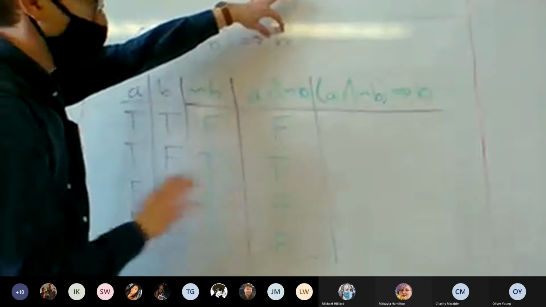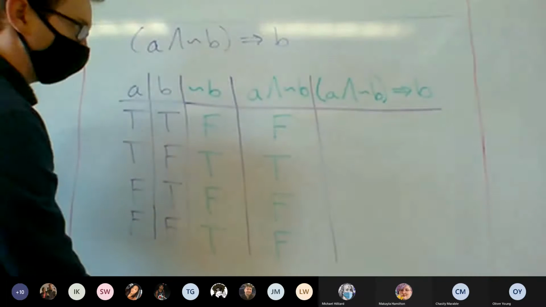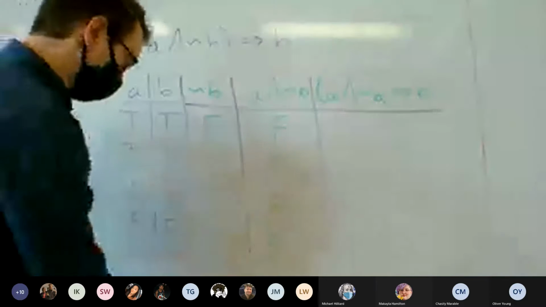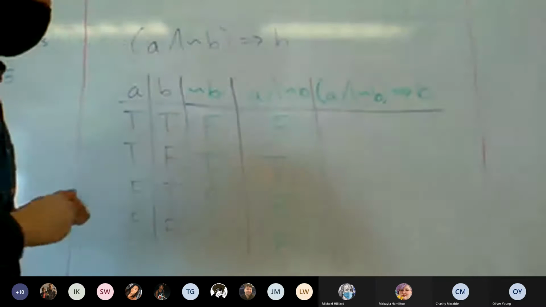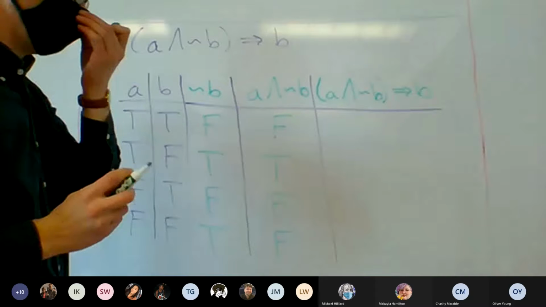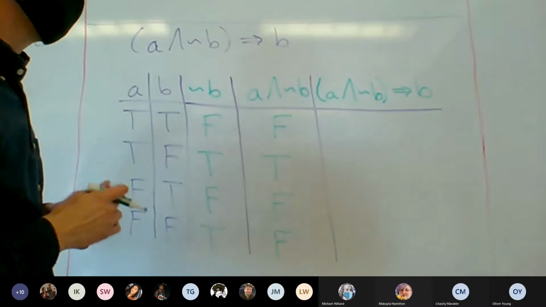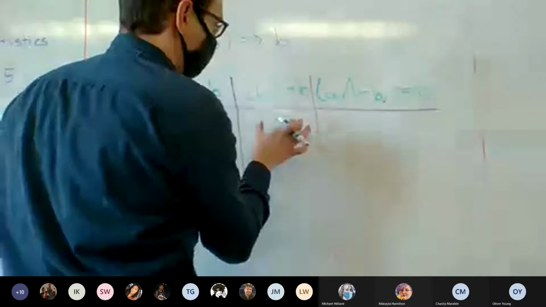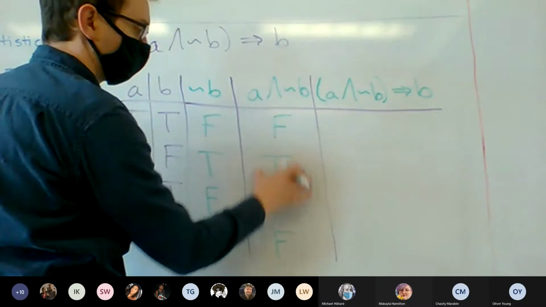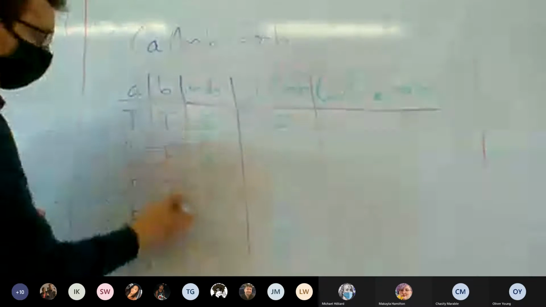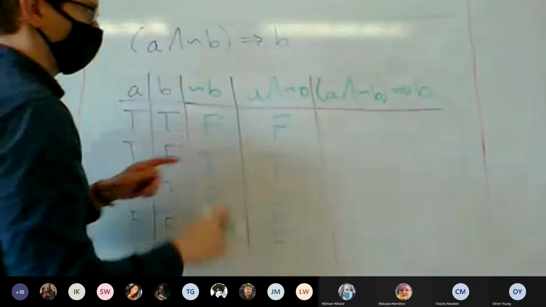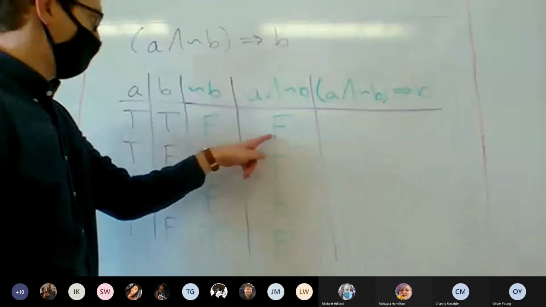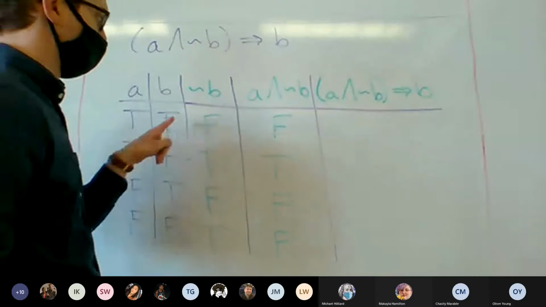Once you have them as their own separate columns, now you're ready to consider the entire compound, the greater compound statement. So what am I looking at? I need to be very careful about the order here, okay? It goes, if this, right, this is first, then this. So my first combo here is if false, then true.